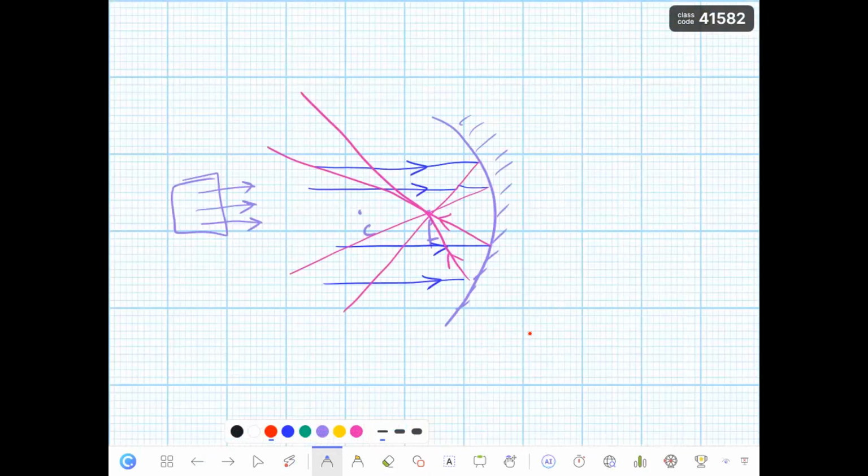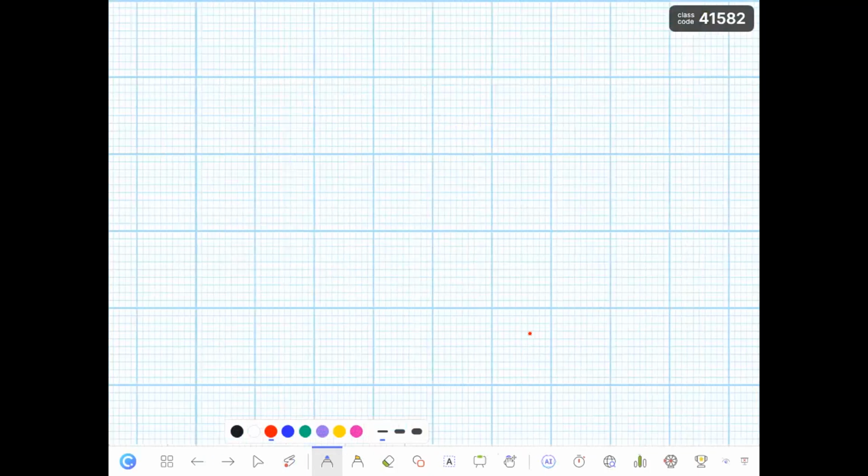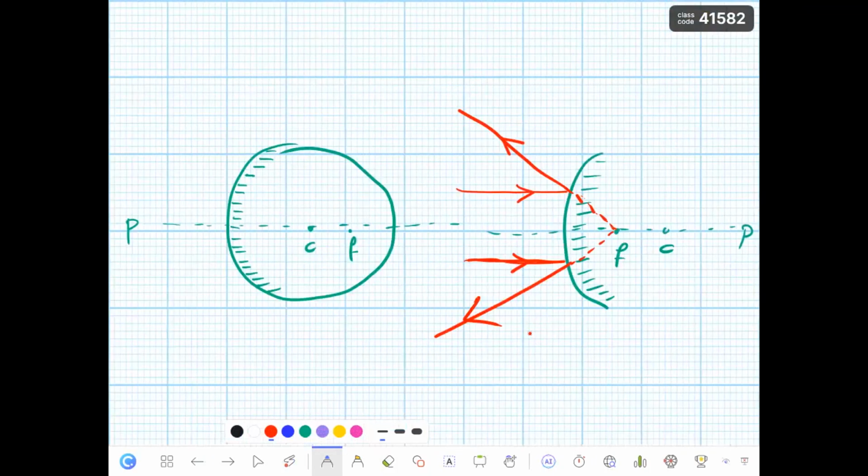See here, what would the concave mirror do? The reflected light will be converged, but in a convex mirror, if you have a parallel incident light, the reflected light will be divergent. This is a characteristic of the convex mirror.